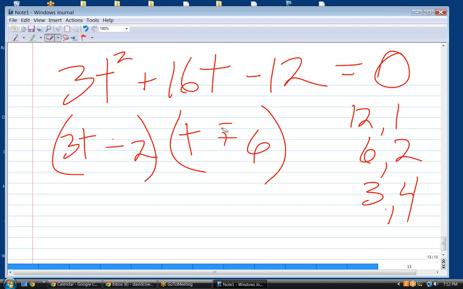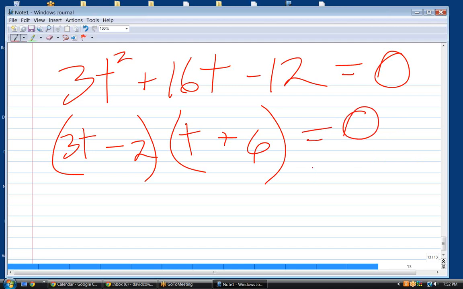Let's go up here and erase that plus and that minus, and we got our answer. Now what's the solution? It's going to be t equals 2 and t equals -6. Remember, to solve it, set this whole thing equal to 0 and solve it.